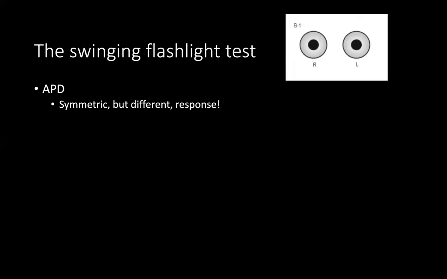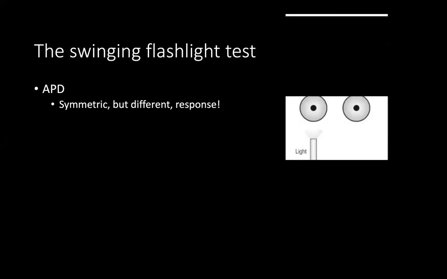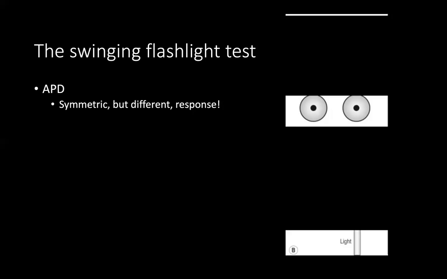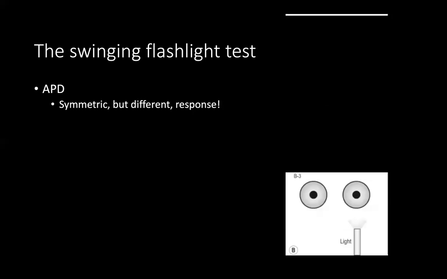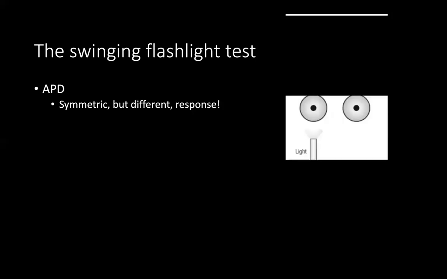Now an APD, okay, both pupils here are the same size. Now there's no anisocoria, both pupils are symmetric, but the response is different. In the left eye, both pupils constrict the same way. Again, this problem is not about the ability for pupils to constrict, so there's going to be symmetry between those. But when you swing it to the other side, there's symmetry here, but there's relative dilation compared to the one before, okay?